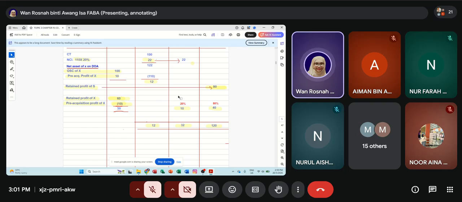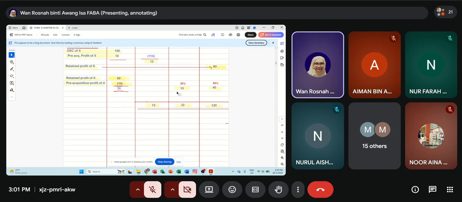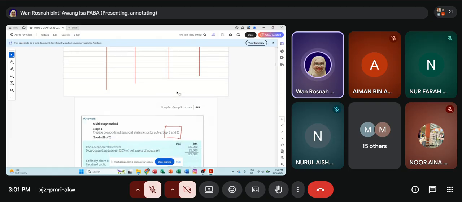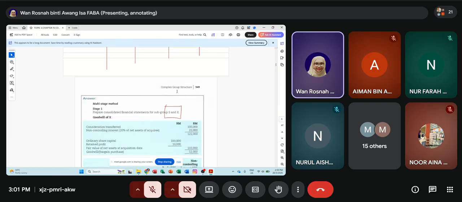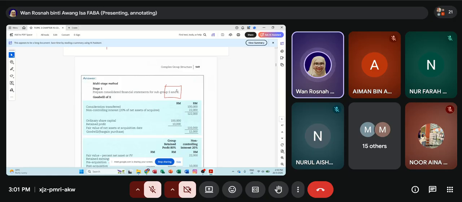Okay, this is a schedule you have to prepare before you consolidate the financial statement for subgroup S and X. All right.